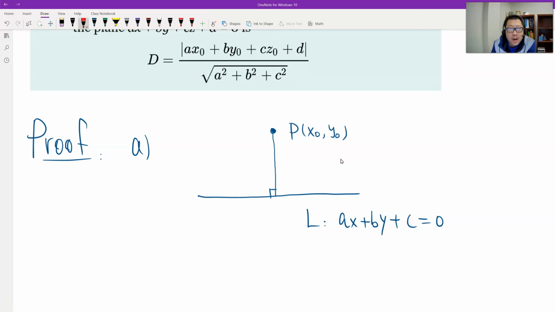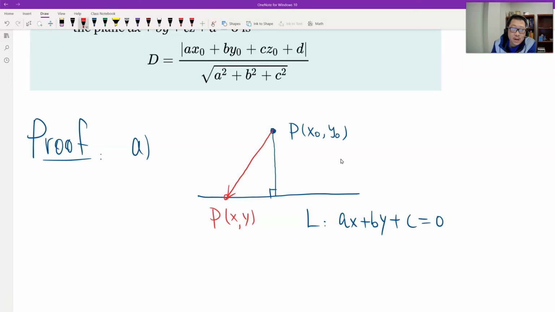The basic idea is this. Let me pick a point here. This point we call P, and the coordinate is (x, y). Therefore, P should follow the general equation of the line, right? And then I link these 2 points and put an arrow here.